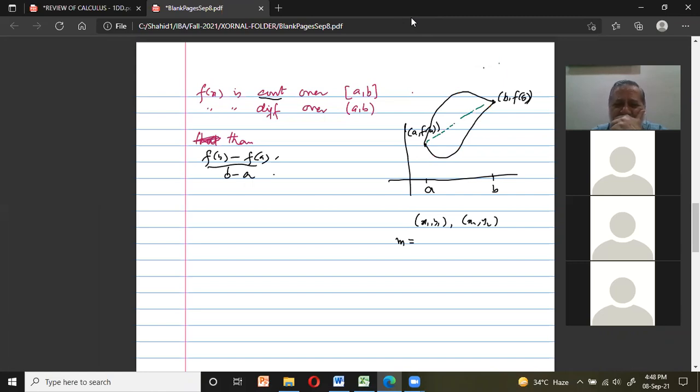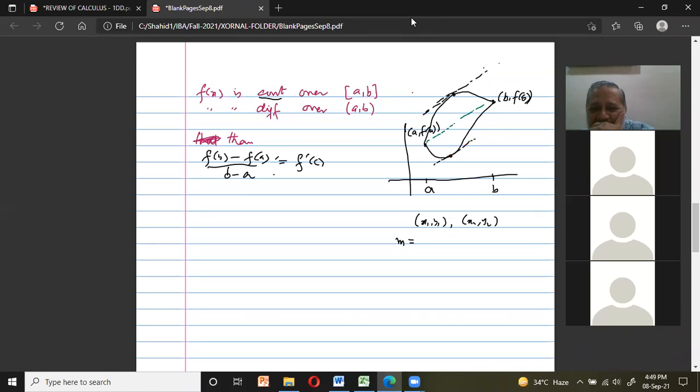When this is the situation, can I find a point on the graph, somewhere here or somewhere here, where the tangent will have the same slope? Can I? Let me try to draw a tangent here in order to show you that this tangent line will be parallel to this line.